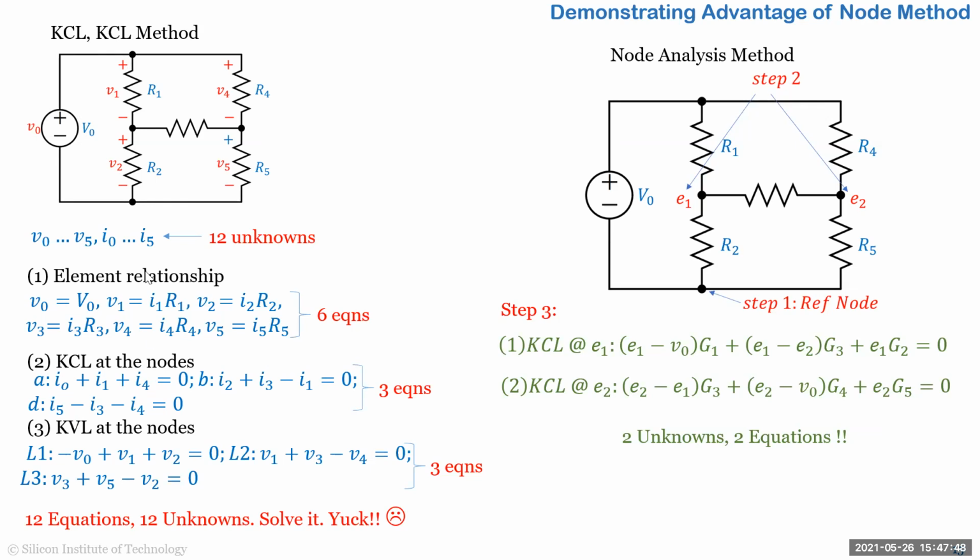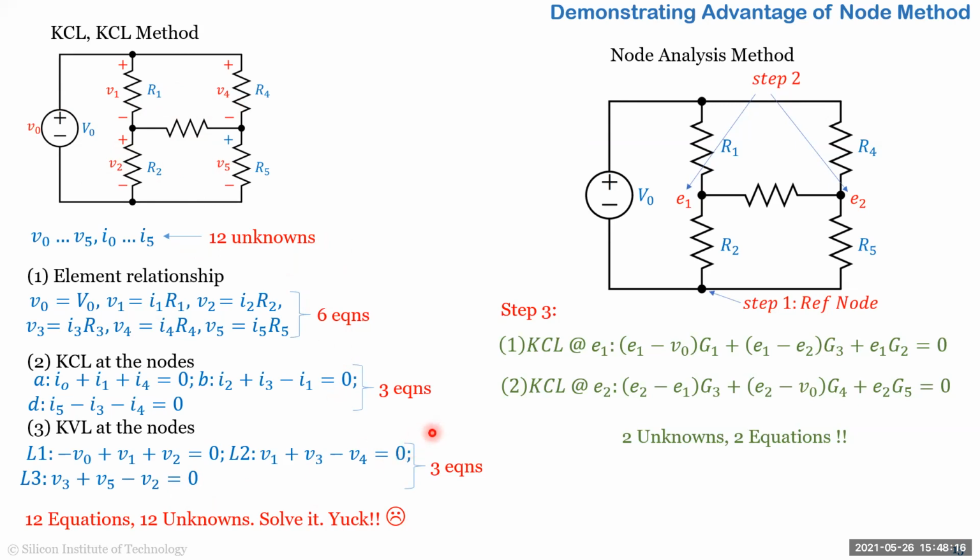Oh yeah, because this is the same current as this. So you write KCL at 3 nodes, and then you have 3 KVL loops basically. So you have 3 loops here to write 3 KVL equations. So you have 12 unknowns, you write 12 equations, and you solve it and you get it.